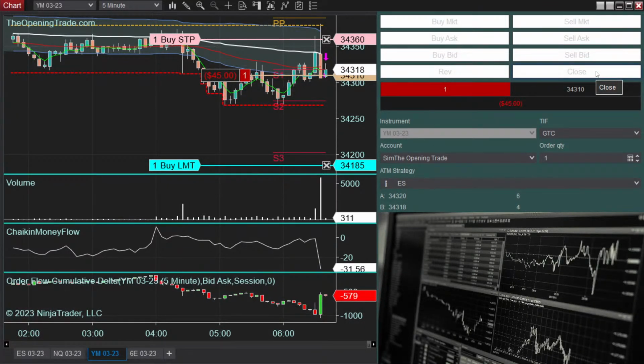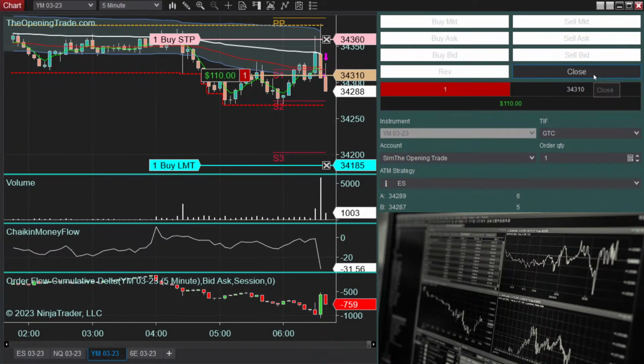We're watching it right now. It is not in the green. There it is in the green. We're going to wait and see if it can recover the loss from the first trade. So order filled.